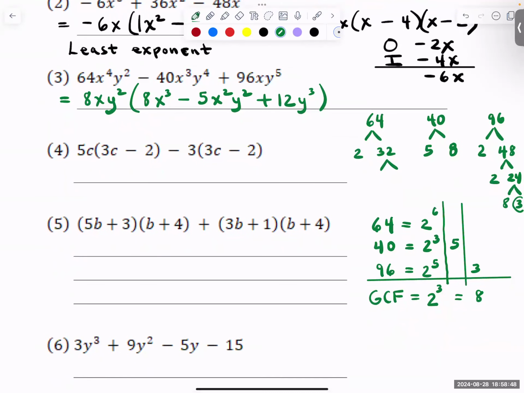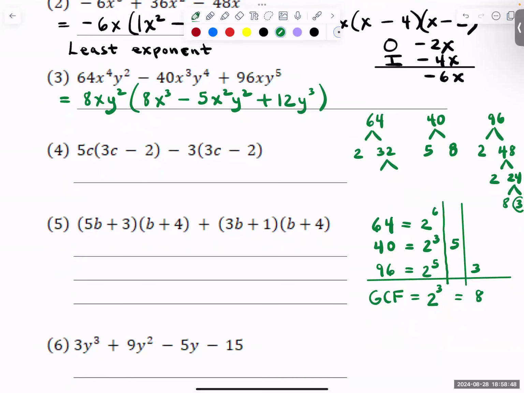In number 4, we have a product, 5c times, and a second product term, 3 times a binomial. In these two product terms, we have a common binomial factor, 3c minus 2. So we can factor out 3c minus 2 as the first step.